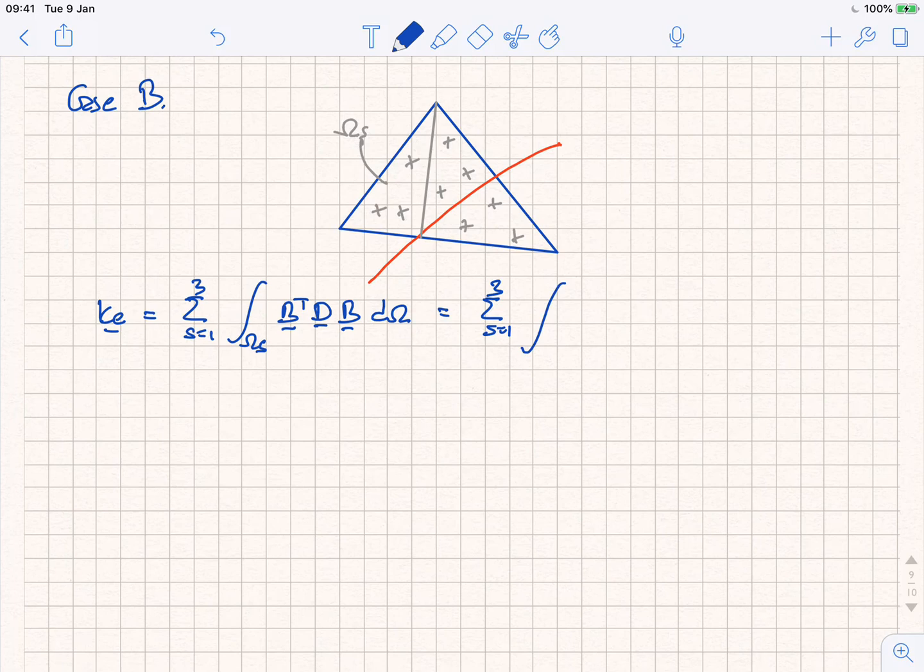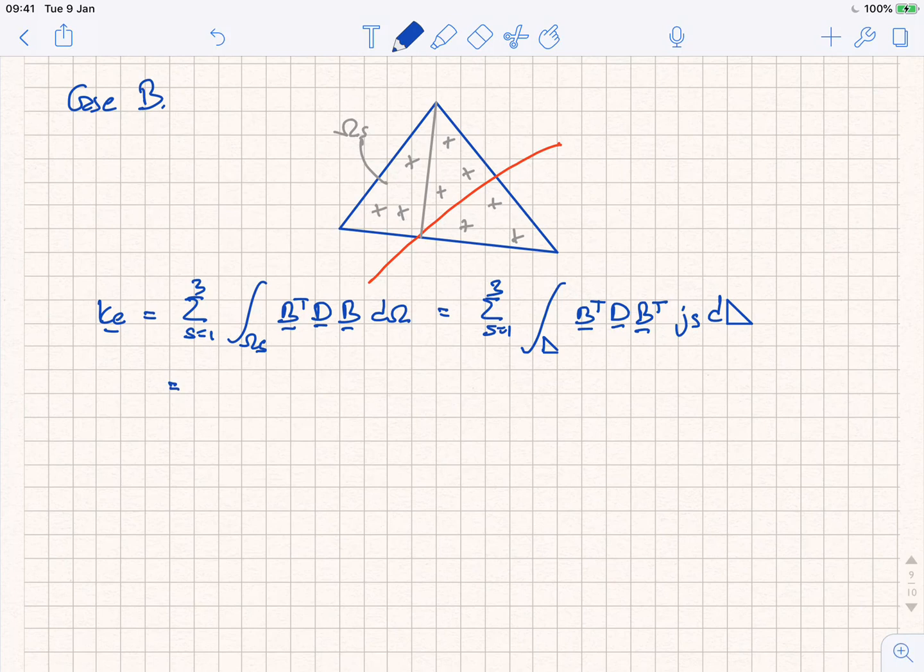So I'm transforming that integral into some isoparametric mapping, right, where I have some Jacobian, let's call that JS, which is the Jacobian of that integration element, and some, yeah, this remains the same as before.